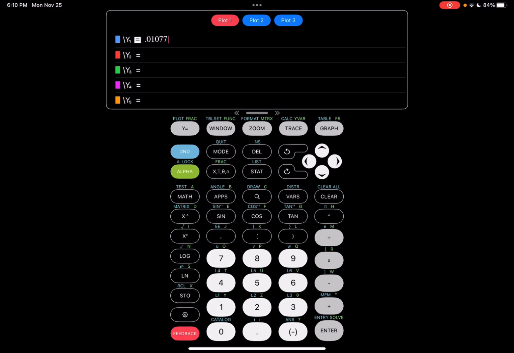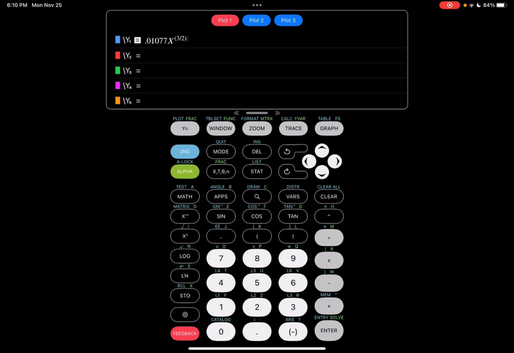Instead of L, I'm going to use X, and I'm going to raise that to the 3/2 power. Make sure you use parentheses. Now, instead of punching in the actual weight, I can use my table of values to get any weight that I want, so I don't have to do all these separate calculations.